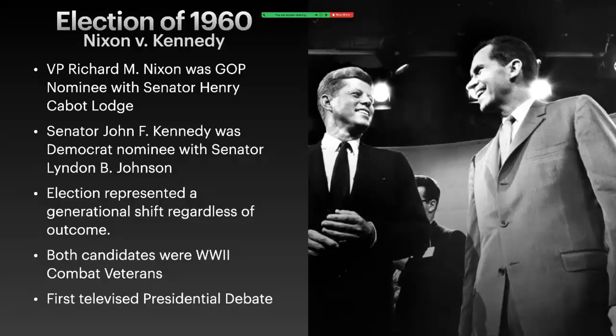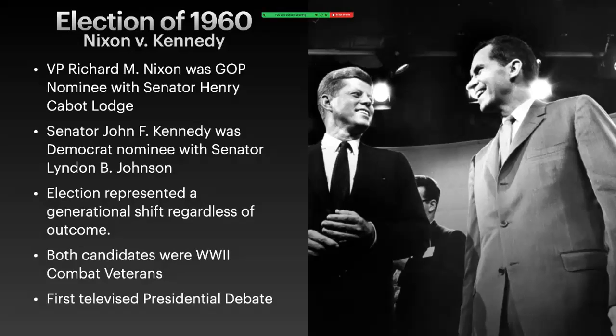They had actually come to Congress the same year, 1946. Nixon had been elected a congressman from California, and Kennedy had been elected a congressman from Massachusetts. They had both served on the House Labor Committee together. So very, very interesting.